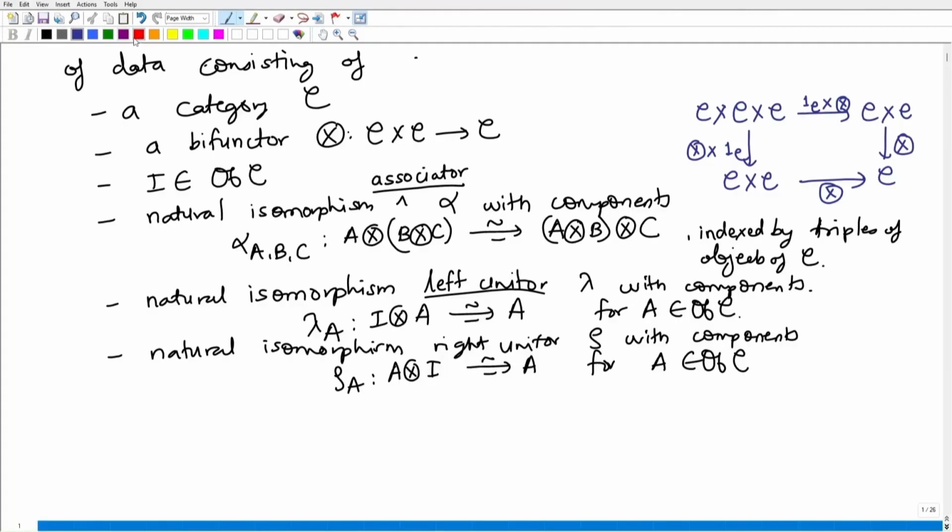Okay, so everything is the same. Natural isomorphism, if you take it to be identity, then we will say it's a, so maybe that's a note that you should have.